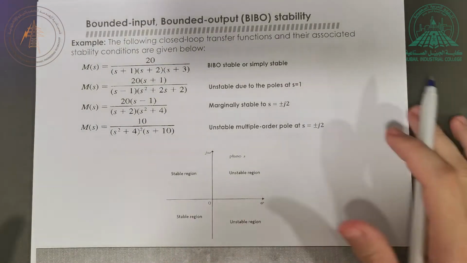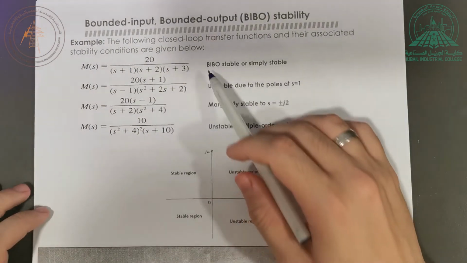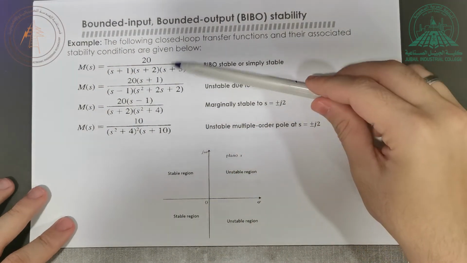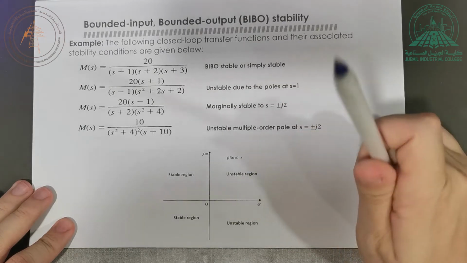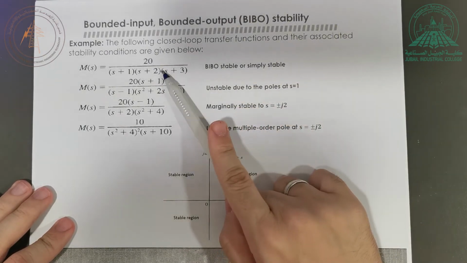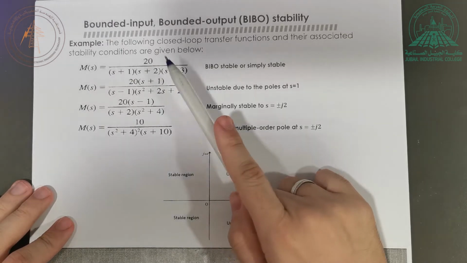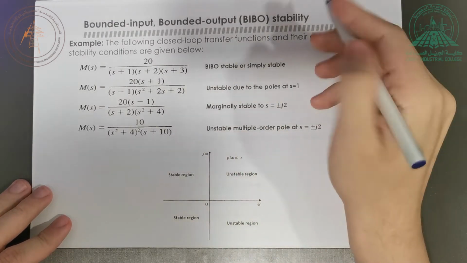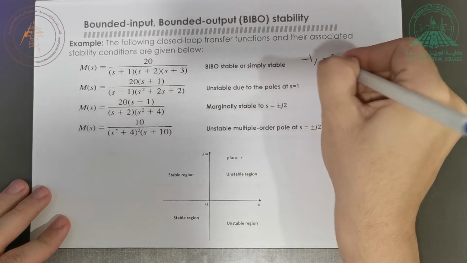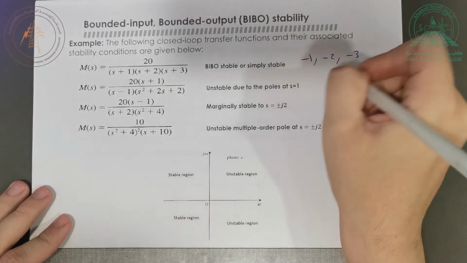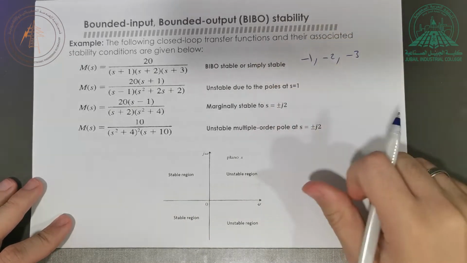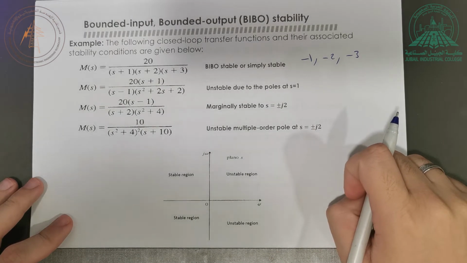So we have these examples in front of us, systems described by these transfer functions. If I look at the first system, what are the poles? I have 3 poles: -1, -2, -3. All of them are simple negative poles.